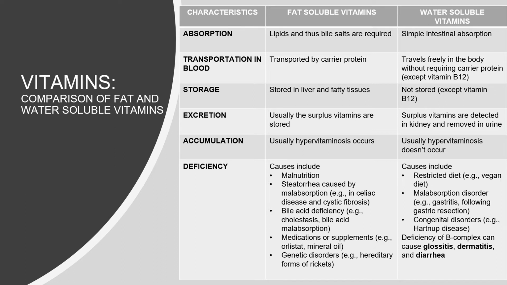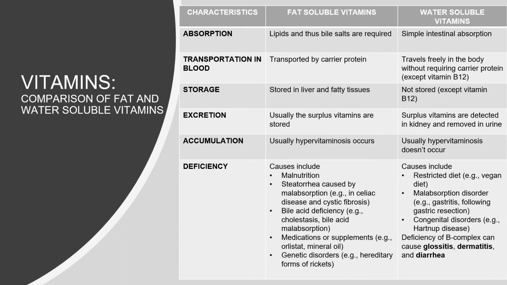Vitamins is the topic that is actually studied every year of medical school, like starting from the first year of your medical school till the 6th. So let's go through them. We've got two groups of vitamins, fat-soluble and water-soluble.